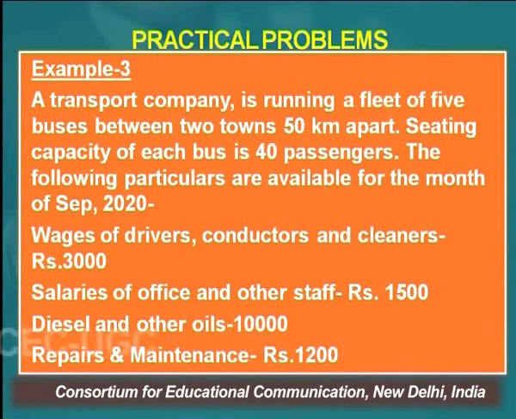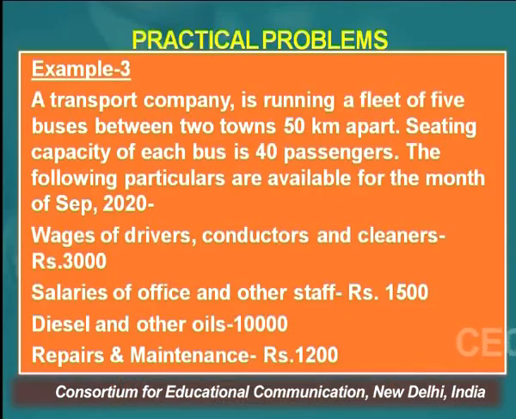The following particulars are available for the month of September 2020. Wages of drivers, conductors and cleaners, 3,000 rupees. Intentionally, in all these examples we take very small figures so that the calculations remain easy, and you can even calculate in your mind without separate calculators.